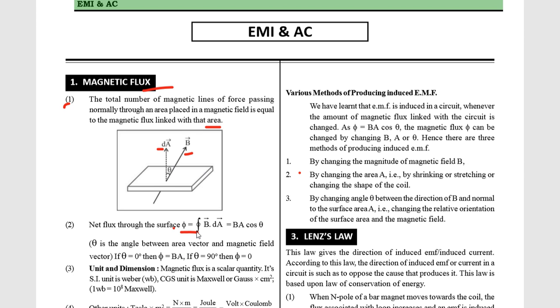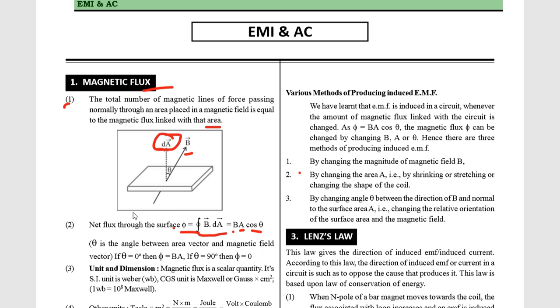So here you can see this is the closed integral of B dot dA, which is equal to B A cos theta. If B is constant, then the closed integral of dA will give you the total area of this closed loop. So this is B A cos theta. Here this is the area, and B cos theta is the magnitude of B perpendicular to this surface.